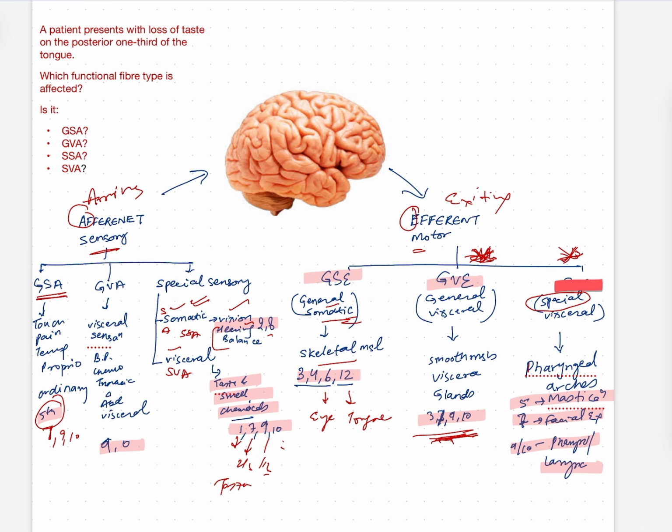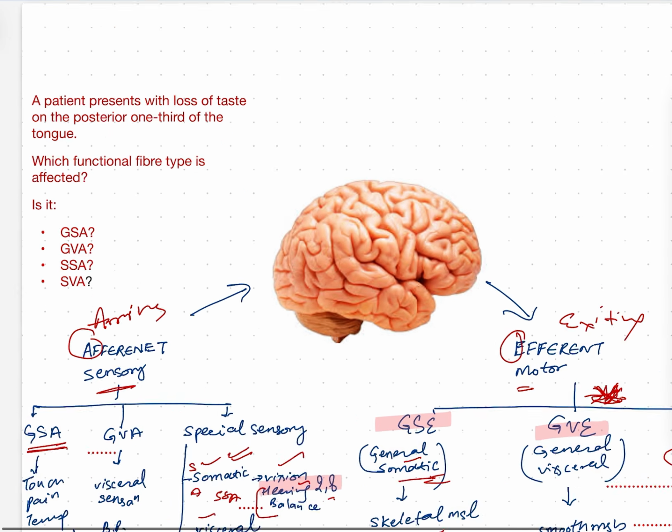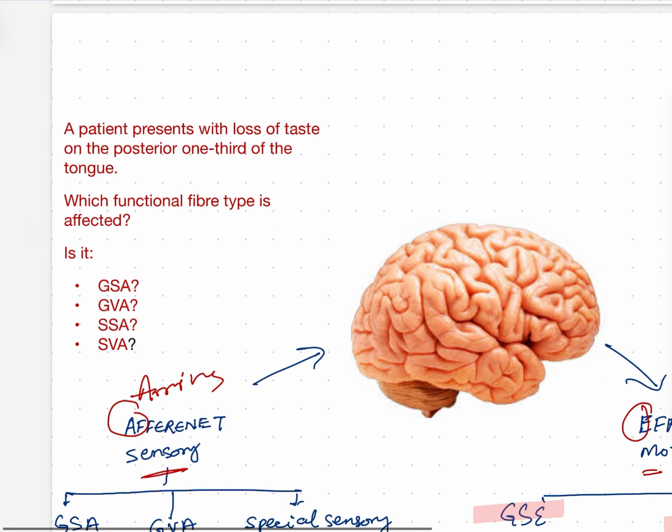Now let's go back to our question from the beginning. A patient presents with loss of taste in the posterior one third of the tongue. Which functional fiber type is affected? We need to remember that taste is a special sensation, and special sensory is afferent.